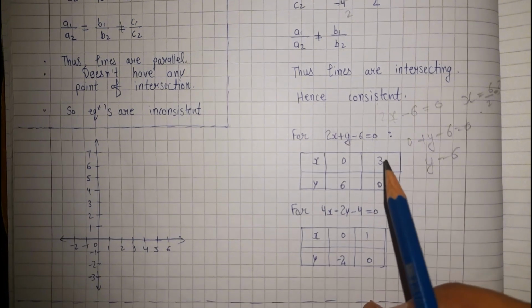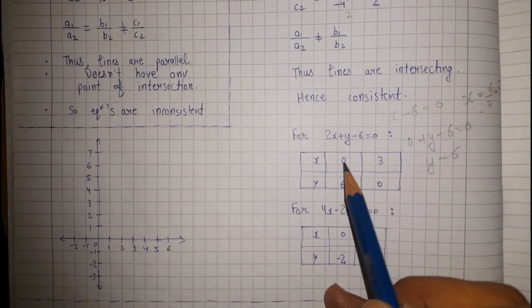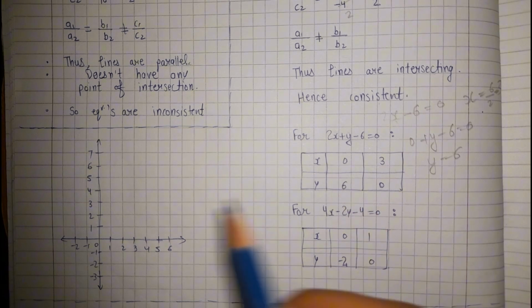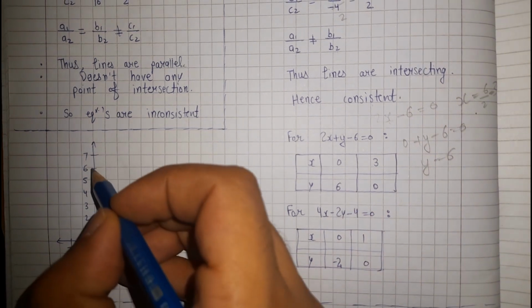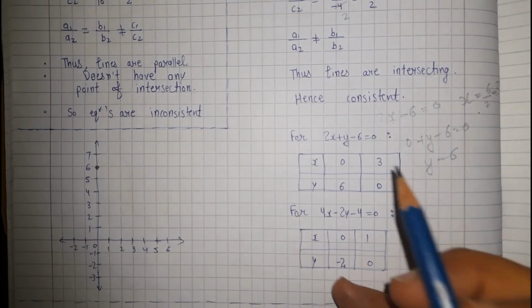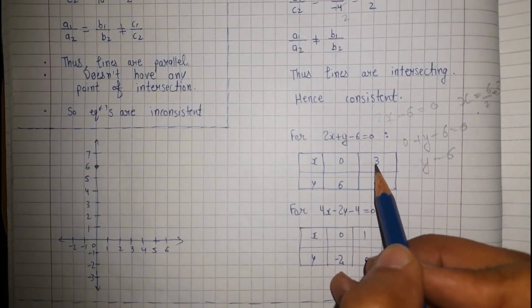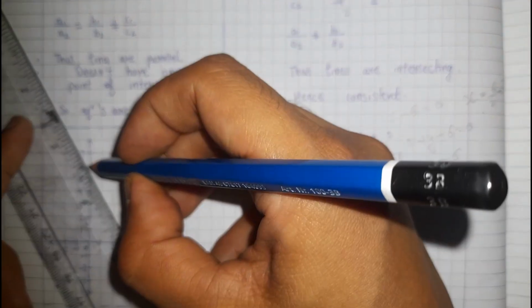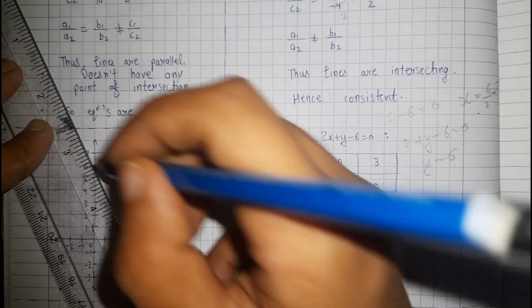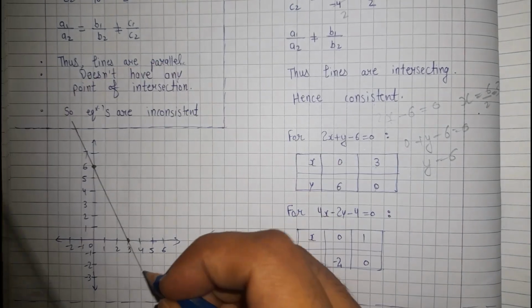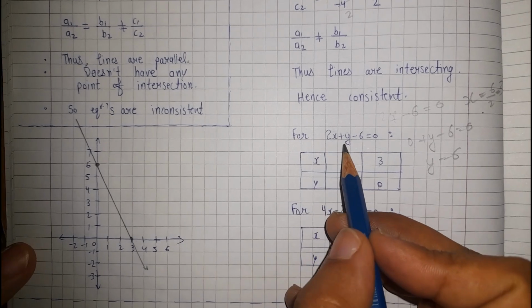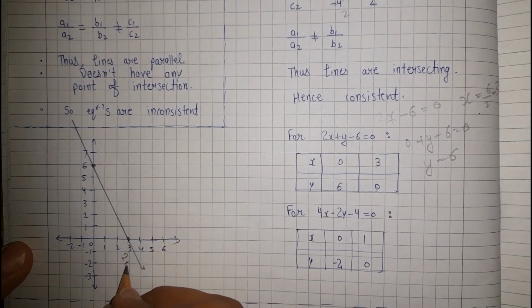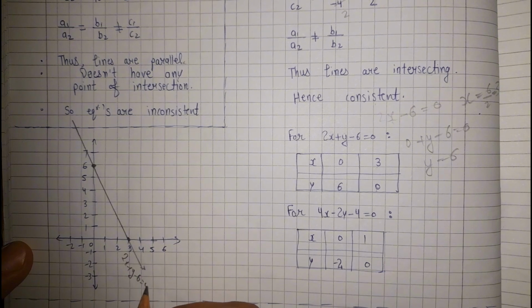By plotting these points on a graph, at x equal to 0, y is 6, and when y is 0, x is equal to 3. By joining these 2 points, this is our equation 2x plus y minus 6 is equal to 0.